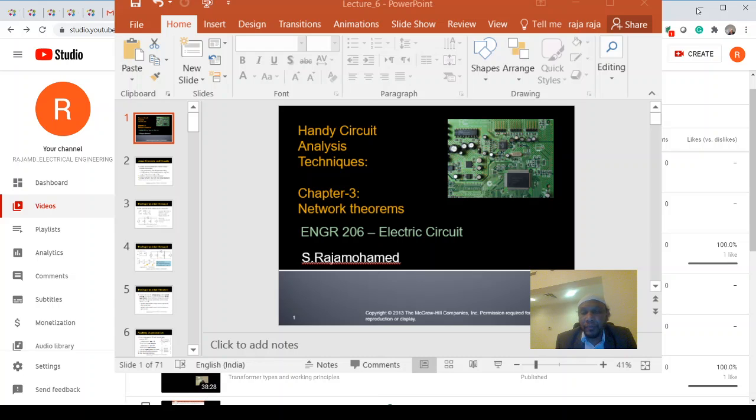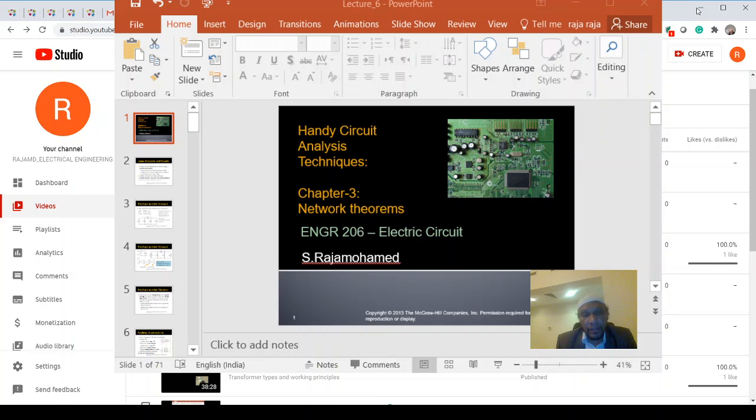So today we are going to study network theorems in the course of electric circuits. Network theorems in electric circuits is a very important concept. It is used even in mechanical engineering and civil engineering.